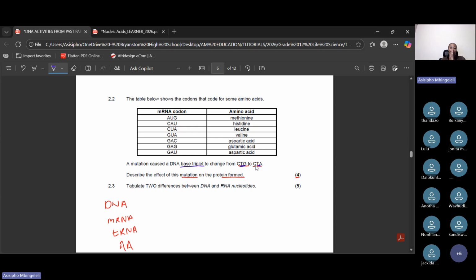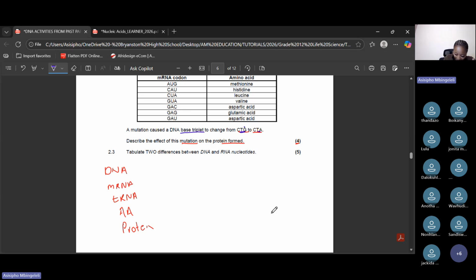We are going to first find the name of the amino acid that is formed when the bases were CTG. So let's go down here and write it. For DNA, what is the base that we're working with? We're working with CTG. We are going to use that to find the messenger RNA codons.